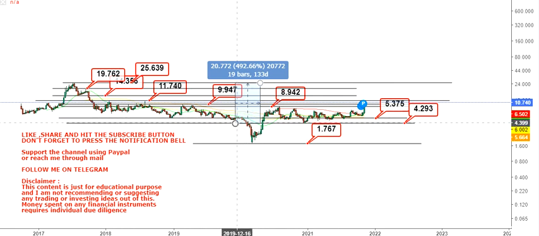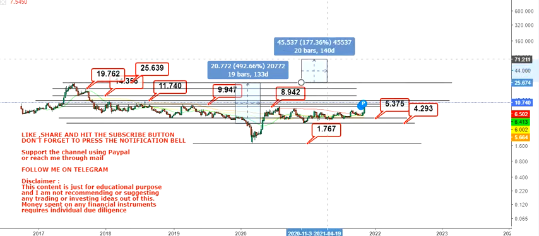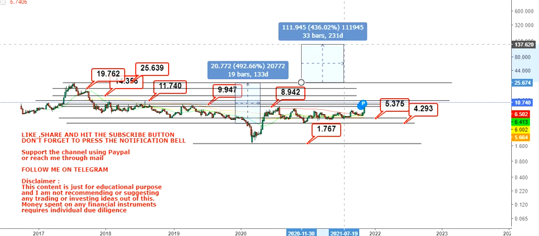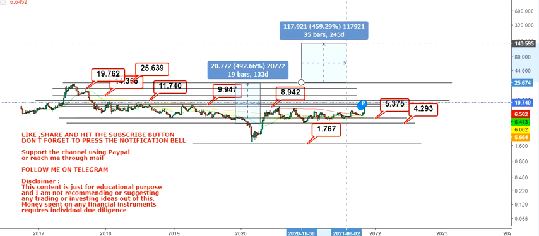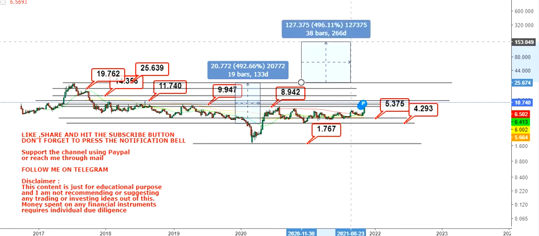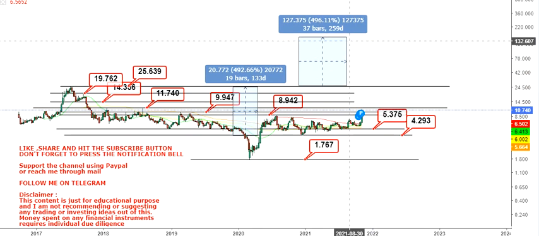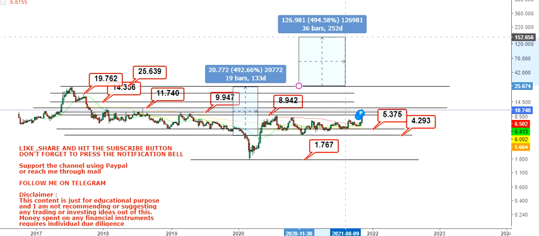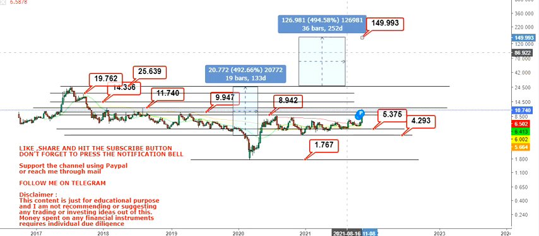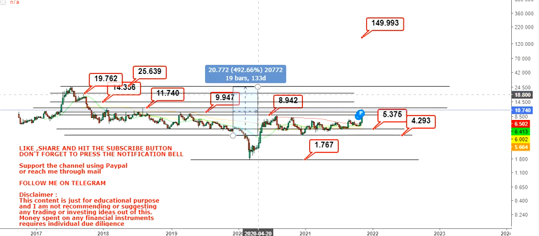and even if I go from 4.29 to $25 or $26, it is a 492% move. So it would be 492% after $26. The target that we are looking at going forward, beyond $26, will be $149.